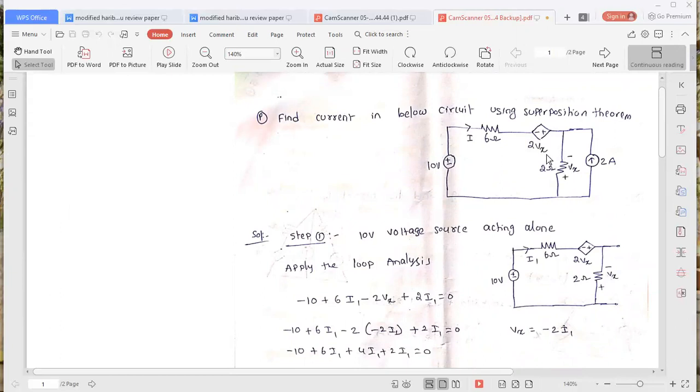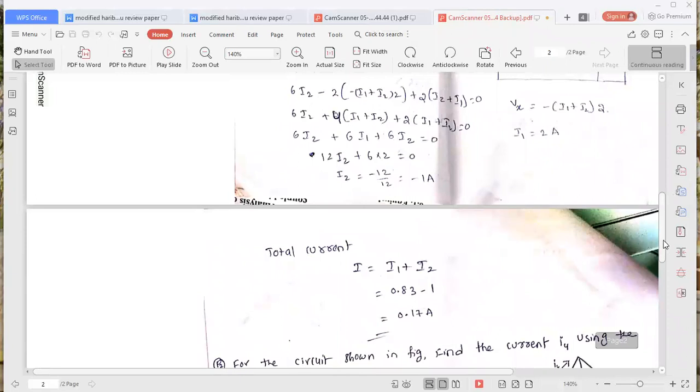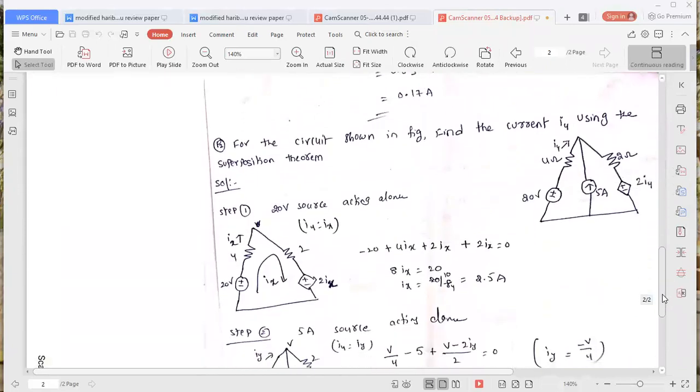It is not a difficult problem, it is easy, just like the previous problems, but he should give some clues about the dependent source, that Vx means the voltage across 2 ohms. You have to mention that Vx in the first case and second case differently. Okay, next, we go for the second problem.